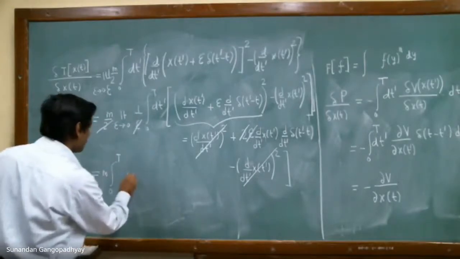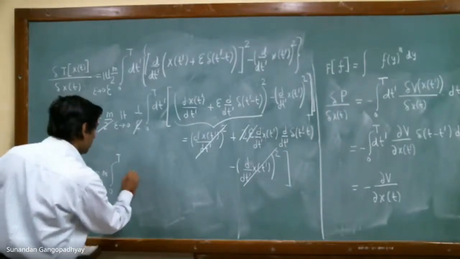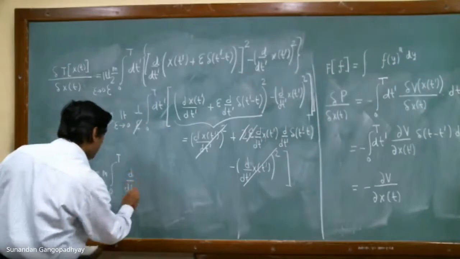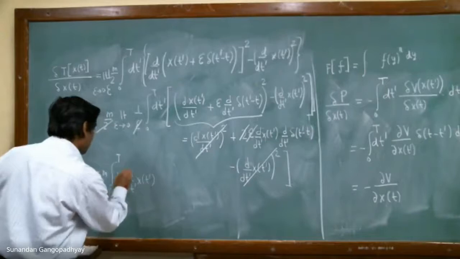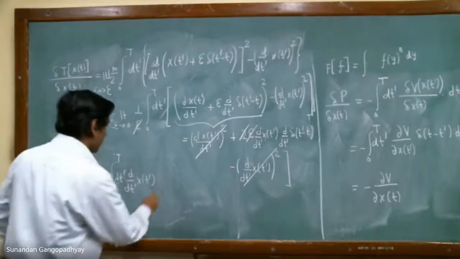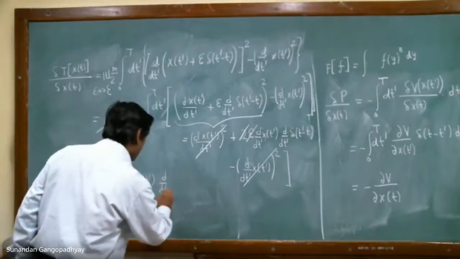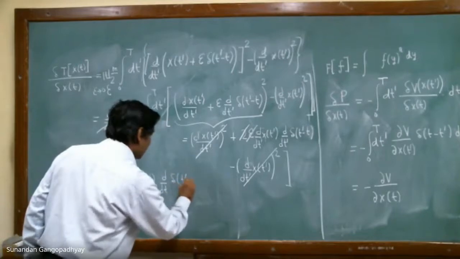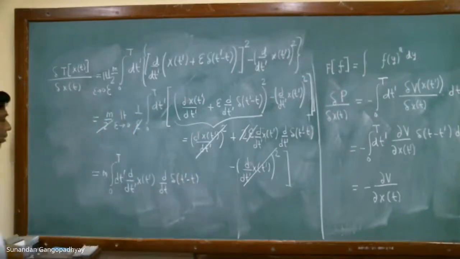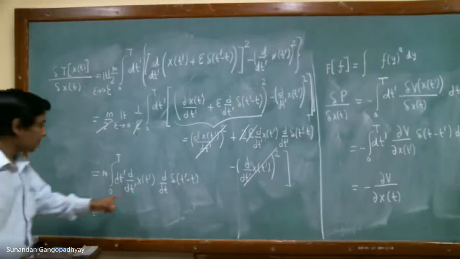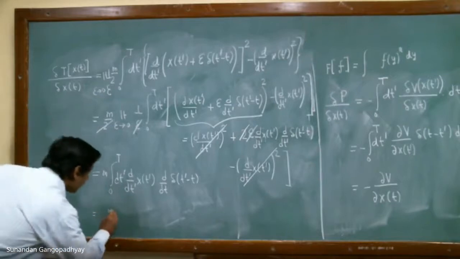Therefore this becomes x dot t prime dt prime, and then we have d dt of delta. Now what you can do is perform an integration by parts. So integration by parts will give us the following.